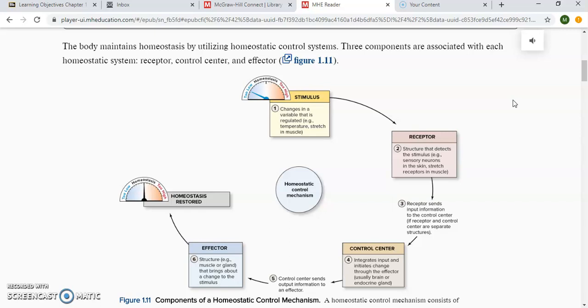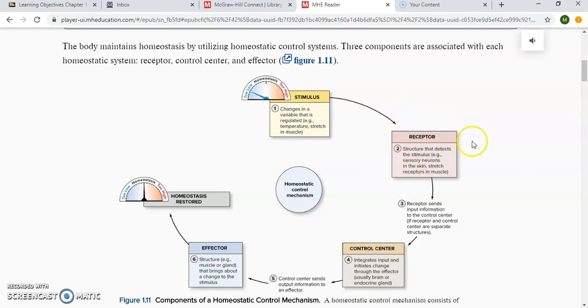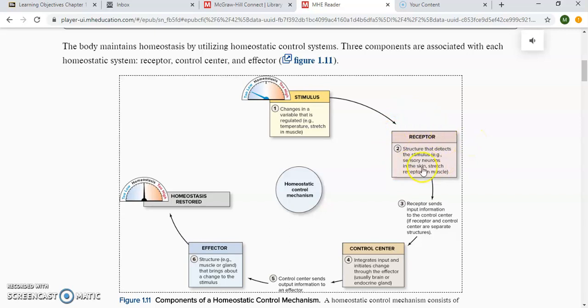Regardless, we're going to use this little diagram to talk generally about those three components that are part of the control system that keep these parameters or conditions in our body at set point. The receptor is the first part. We say receptor, control center, and effector, and it depends on what the parameter is. If it's our body temperature, we have a control system that's going to keep our body temperature in that normal range.